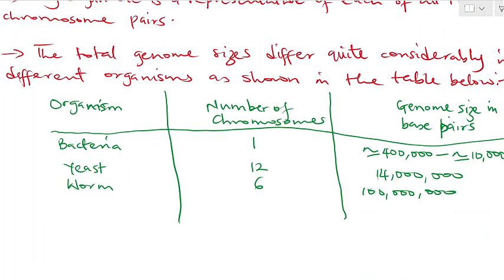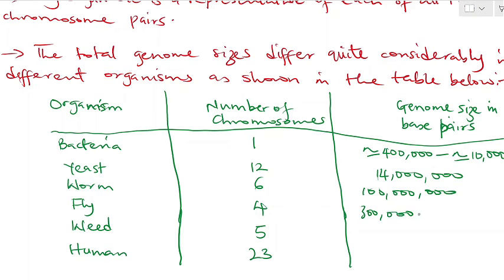Then we also have the fly. We also have the weeds extending our table, and of course we have human. Now the fly has 4 chromosomes, the weed has 5 chromosomes, and the human has, as you all know, 23 chromosomes. Now the fly has 300 million base pairs.